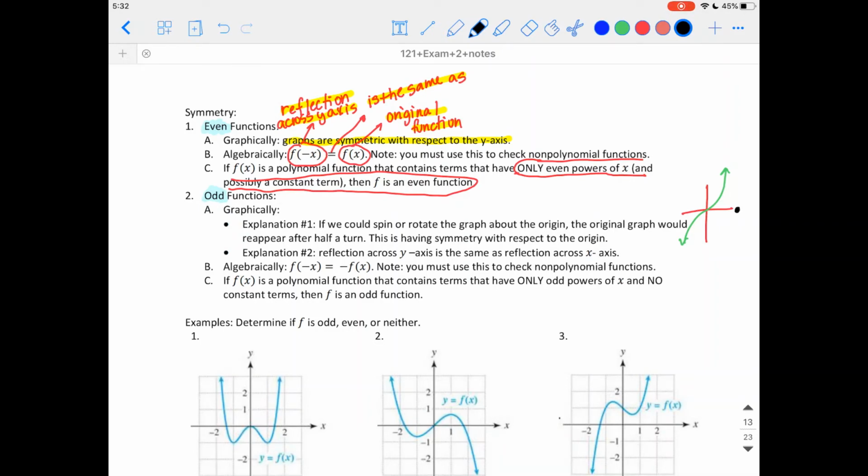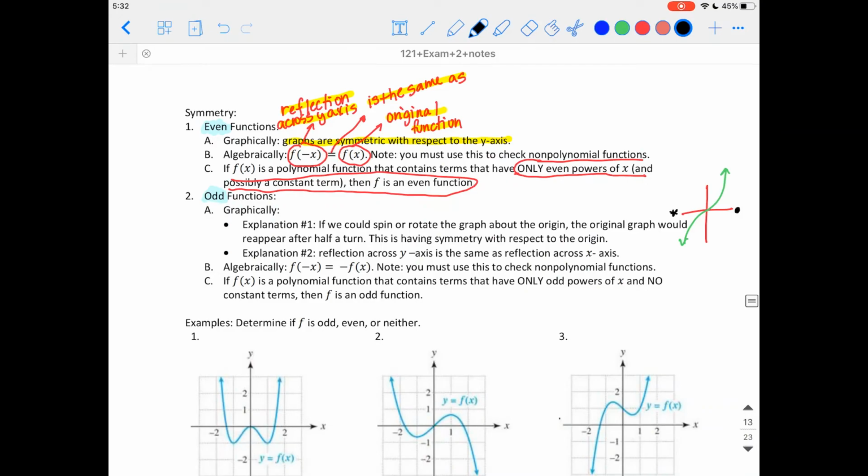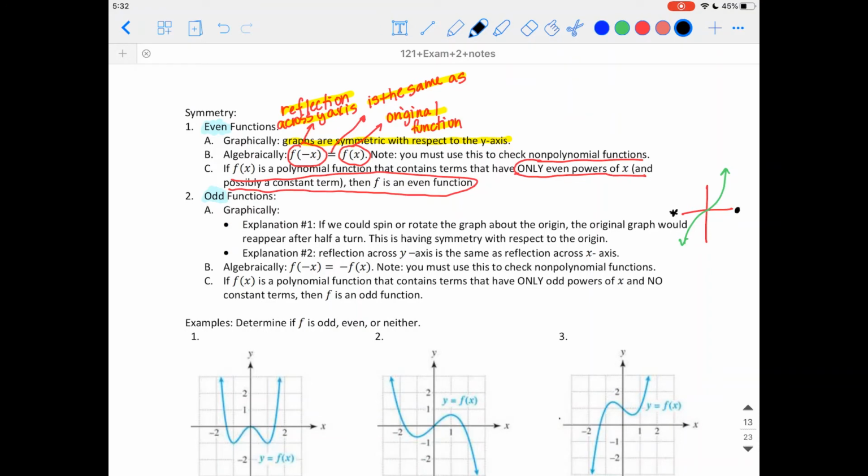If you were to turn your paper half a turn so that this dot appears over here, you would still end up with the same green function, and that's how you would see it's odd. I am turning it and I do get the same function, but you wouldn't be able to tell that I am. Okay, so now I'm having too much fun. All right, moving right along.